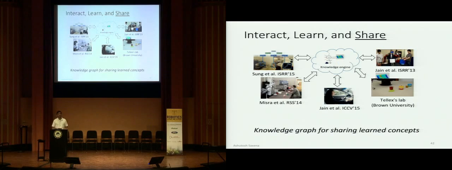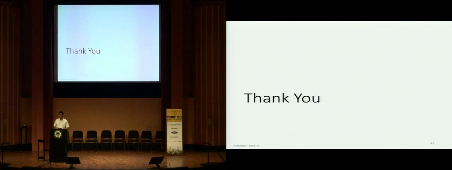We have to do much more. But I'm very, very interested in these learning approaches, which not only require less work in designing features, but also whatever we learn is interpretable and shareable across the labs so that the robots can learn faster. Thank you.